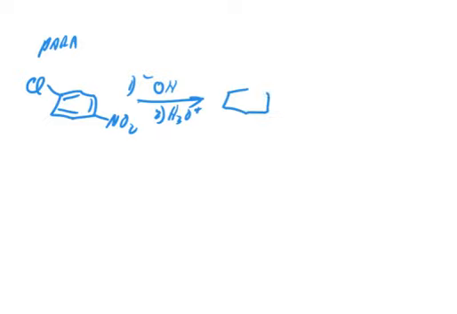Right, so if I have the nitro group, and in this case, I'll use a chlorine, and I treat this with OH minus as my nucleophile. This will be the first step. In the second step, I'll treat it with acid, and I'll wind up with overall Cl minus.